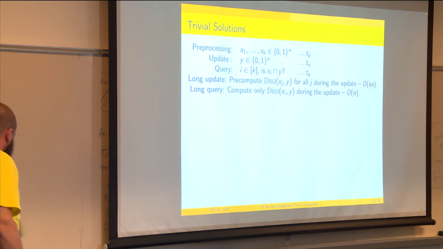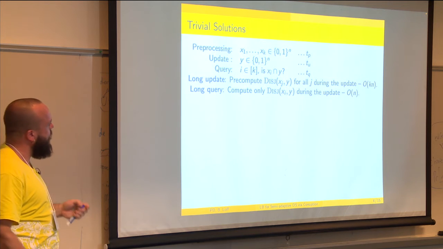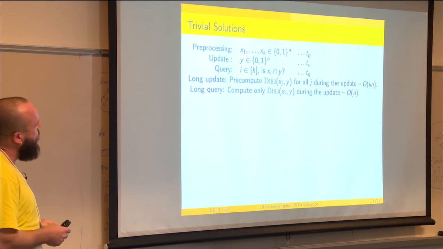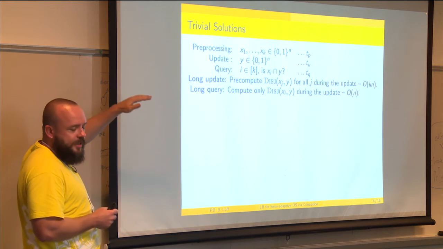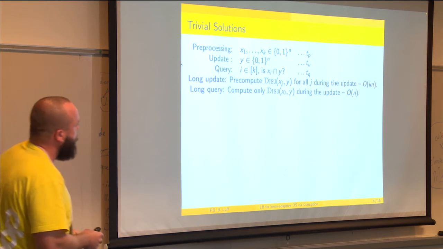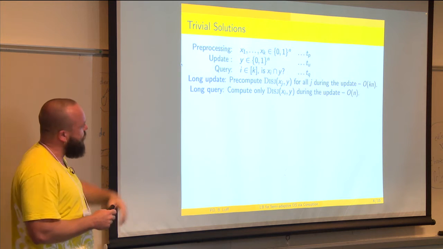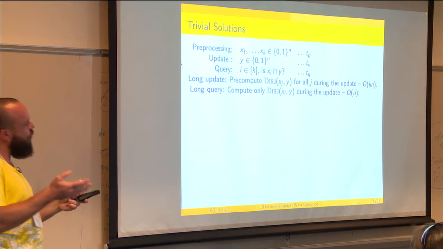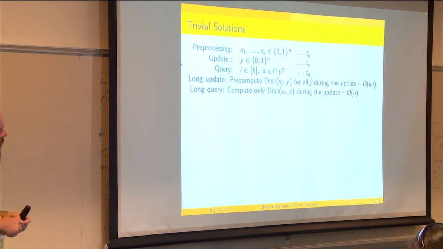And yeah, it's somehow tempting that these are the optimal solutions, and Patrascu proposed a communication game, and you can reduce the data structure to that communication game. If we had a lower bound for the communication game, we would get a lower bound for the data structure. The communication game is the following. It's a three-party communication game. We have Alice, Bob, and Charlie.